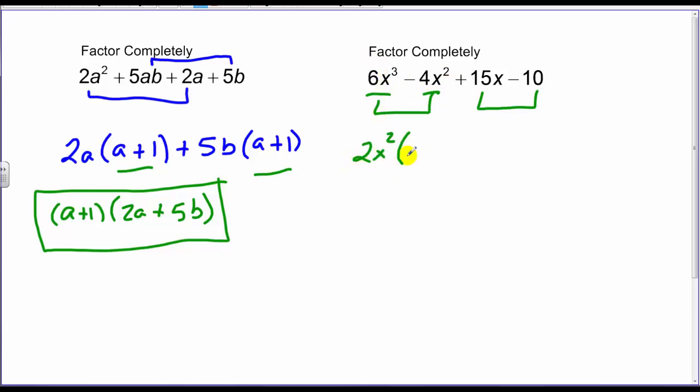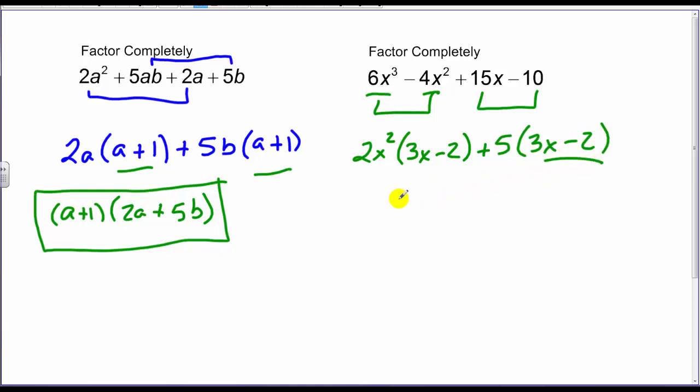And 2x squared times what is 6x cubed? That's a 3 and an x. 2x squared times what is negative 4x squared? That's a negative 2. I need my addition. And between 15 and 10, there's a 5 in common. And 5 times what is 15x? That's 3x. And 5 times what is negative 10? That's a negative 2.